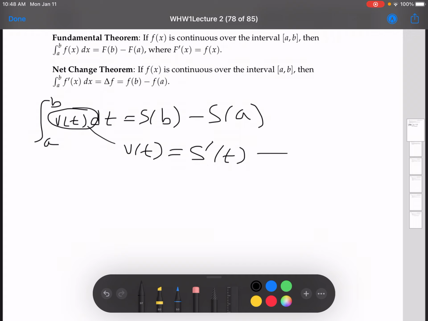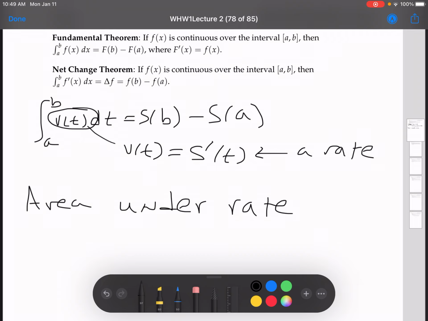This is a rate of change. So really what the net change theorem is telling us here is that the area under the rate function is equal to the change in position.